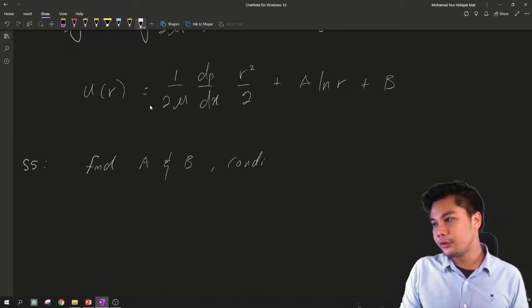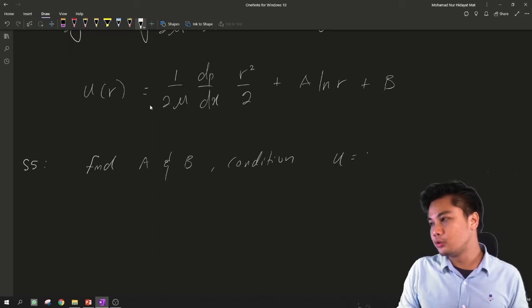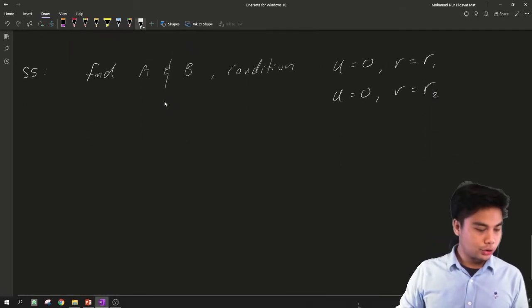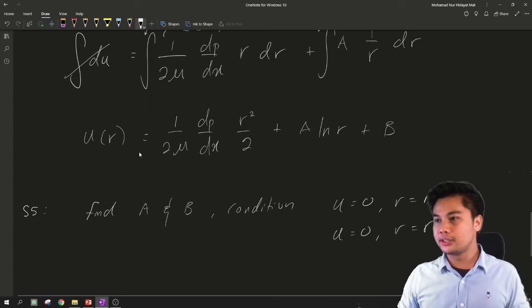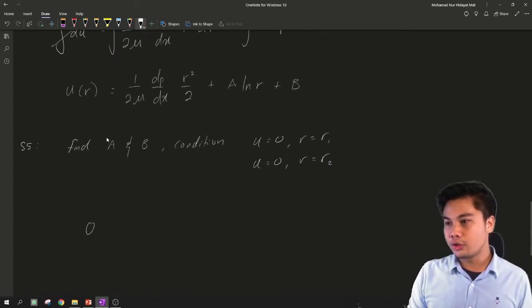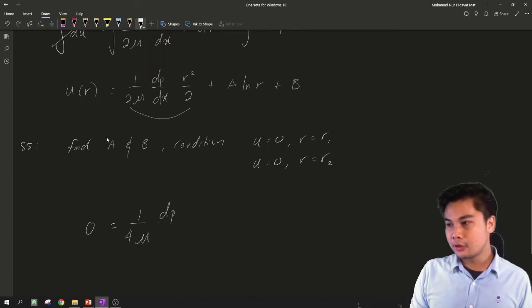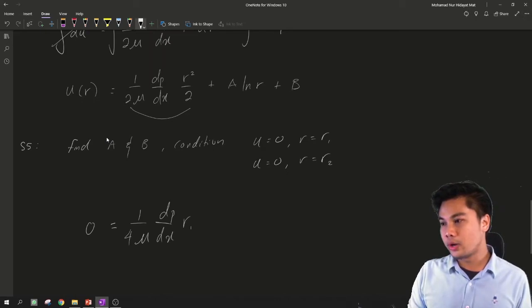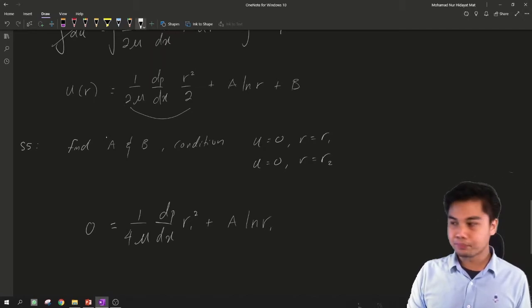Find a and b through the conditions: u equals 0 when r equals r1, and u equals 0 when r equals r2. So just substitute here, u equal to 0. 0 equals 1 over 4 mu dp over dx, r1 squared plus a ln r1 plus b.